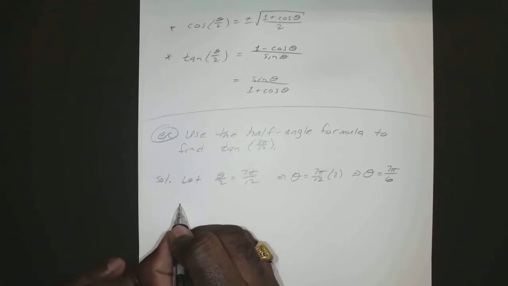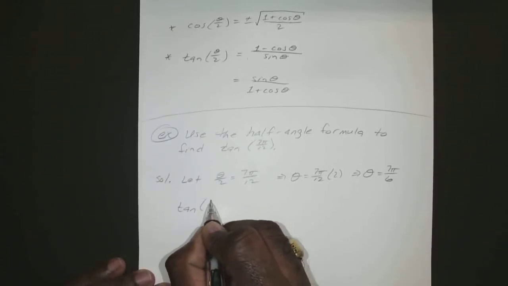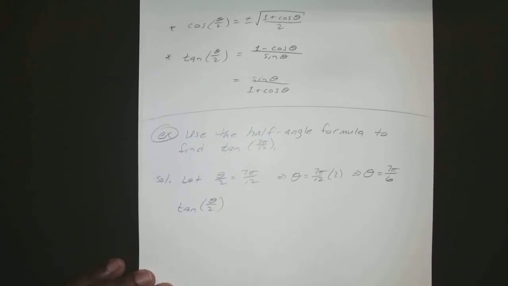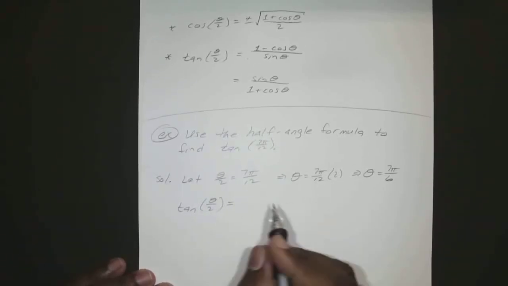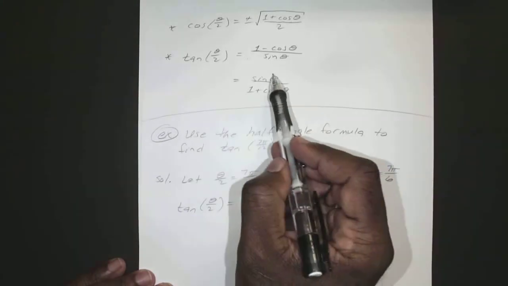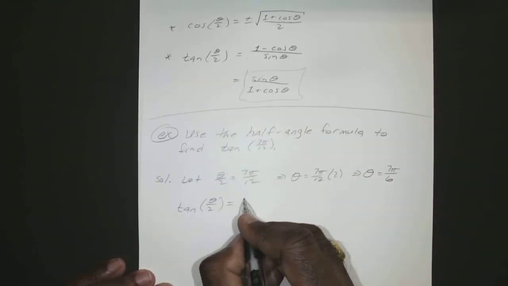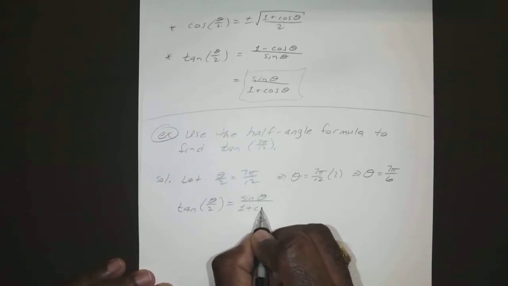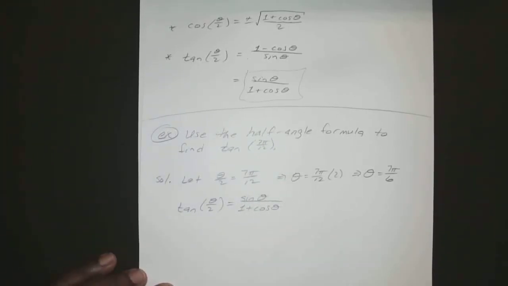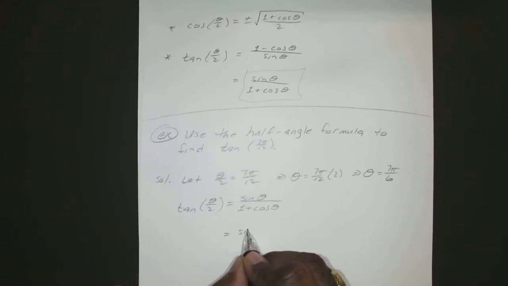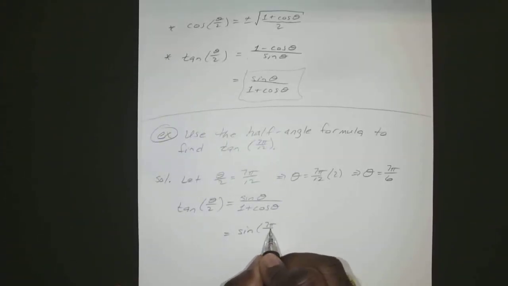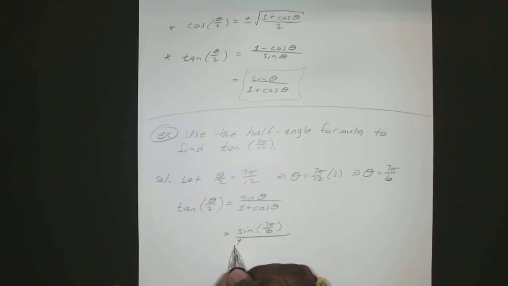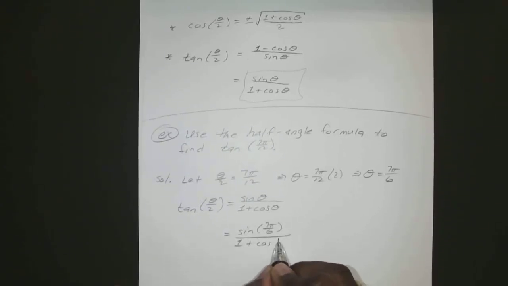Okay, so that means our tangent of theta divided by 2 is equal to, we can actually use this one, sine of theta over 1 plus cosine of theta, which is sine of 7 pi over 6 over 1 plus cosine of 7 pi over 6.